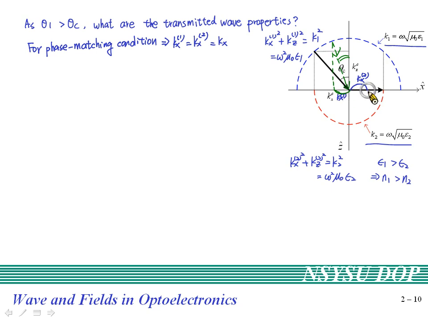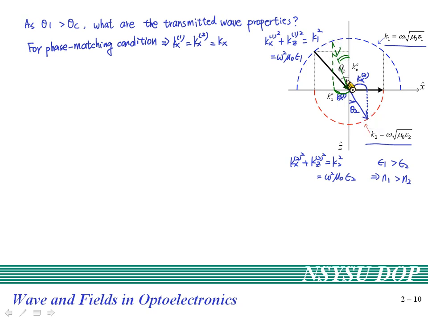As we have found the magnitude of kx2, we can then obtain the corresponding transmitted wave under the angle theta 2 here.